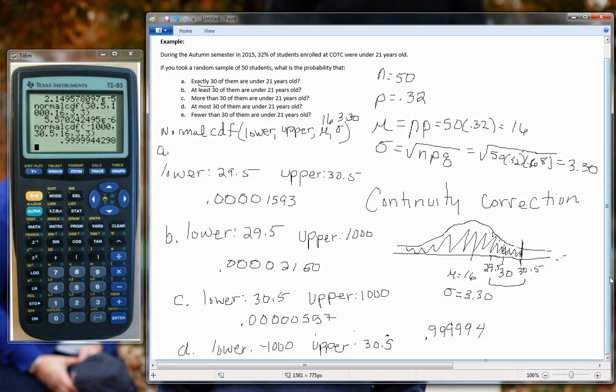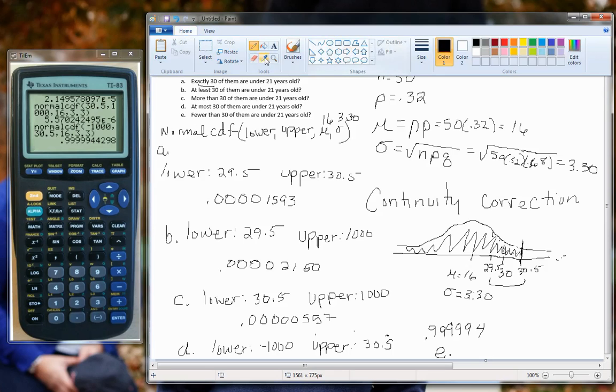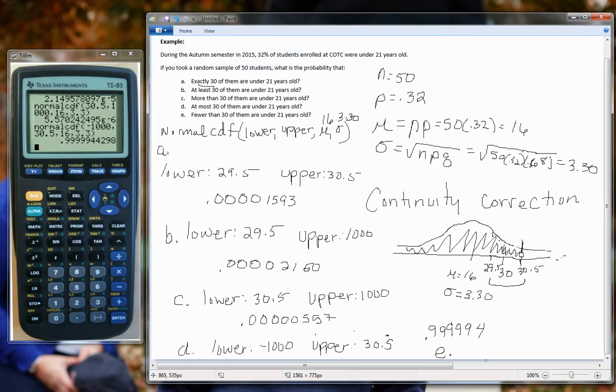Okay, so our last one, which you can probably see the pattern we're doing. So for E, we want fewer of them, fewer than 30, meaning we don't want to include 30. Like I said, you can probably see the pattern. We're now going to stop at 29.5. So close to 30, but not quite.